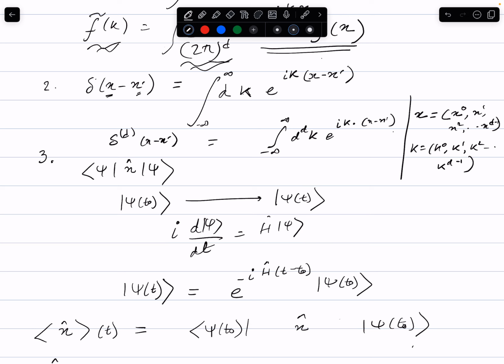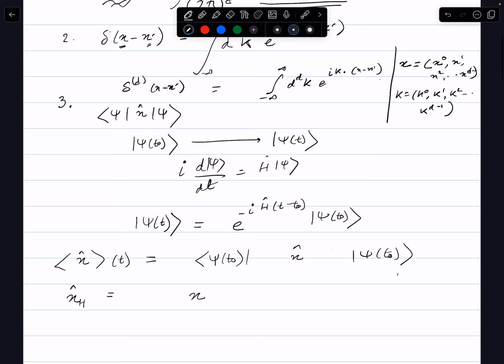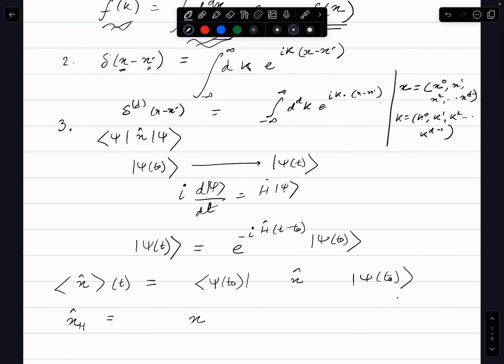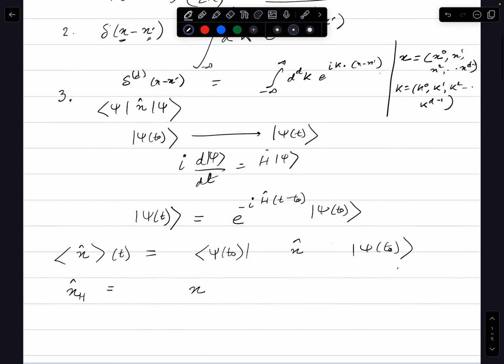Okay, and the next thing that we saw was the idea of Schrödinger and Heisenberg pictures of quantum mechanics. As I was saying last time, what we would measure usually is some kind of expectation value of some observable.